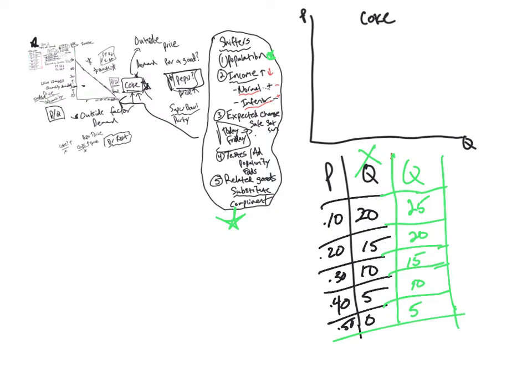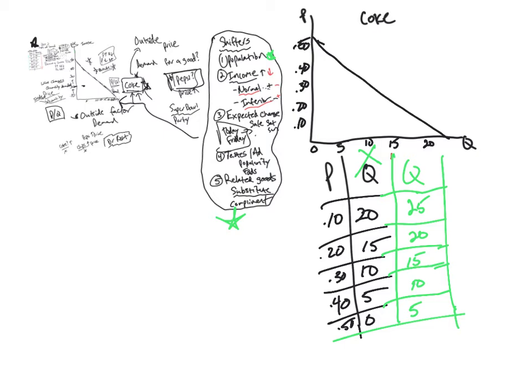Okay, so here, let's set up our original curve that we had, something like this. We could plot each one of these, right? We had 10 cents, 20 cents, 30 cents, 40 cents, and 50 cents way up here. And so at 10 cents we were at like 20, and then something like 15, and 10, and 5, and 0, right?